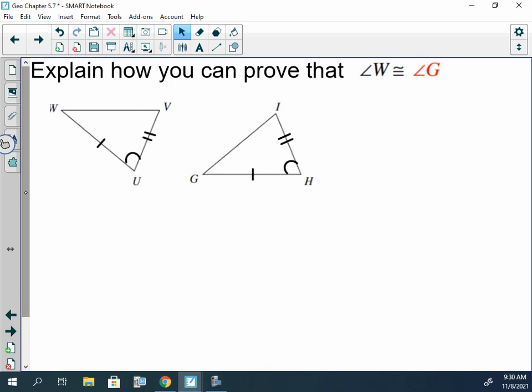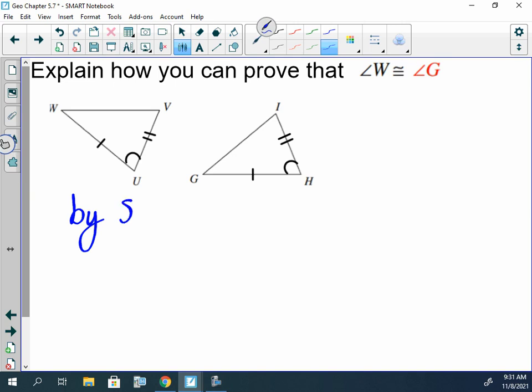Prove that angle W is congruent to angle G. I mean, we can get there eventually. Because what are we given? An angle in the middle. So by what congruency? Side angle, side.